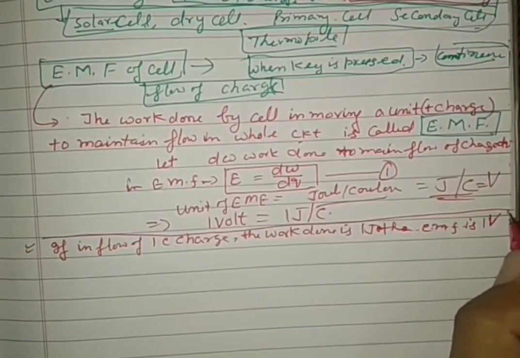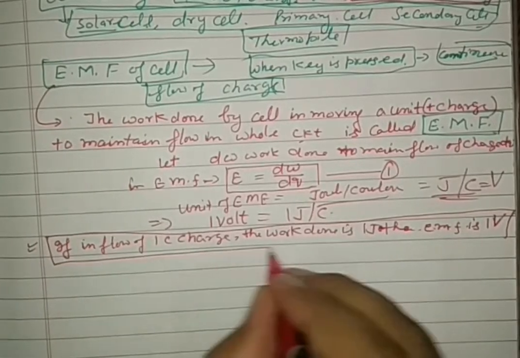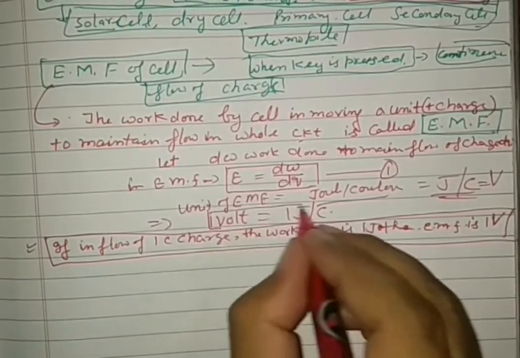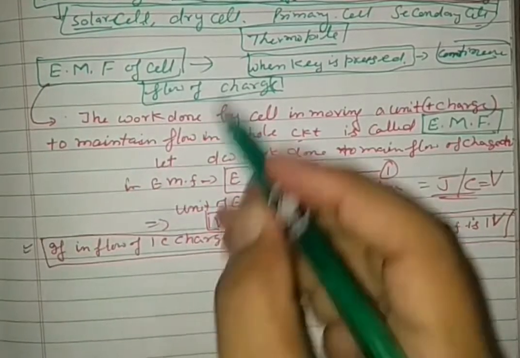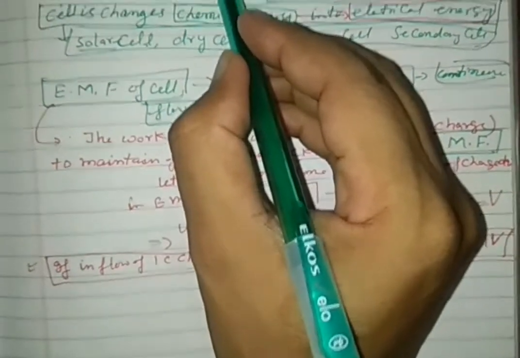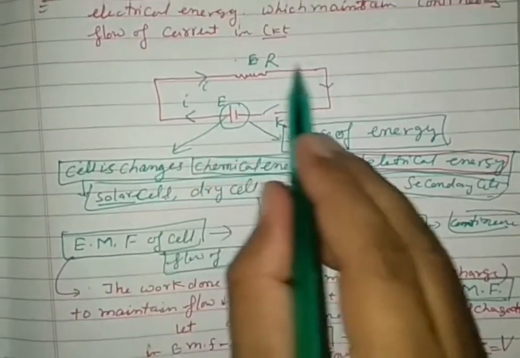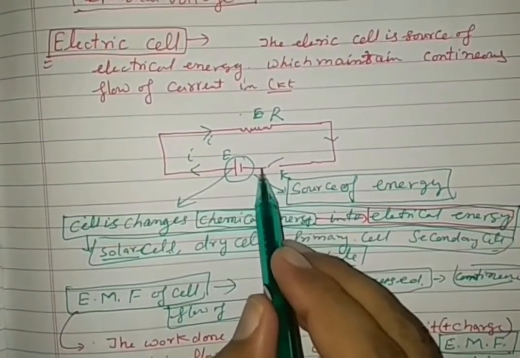This definition arises from this concept. When the cell is connected, it has to do work to maintain the current in the circuit.